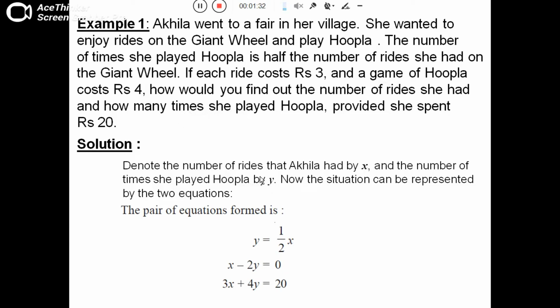She spent rupees 20, so 3x plus 4y is equal to 20. Here x minus 2y equals 0 is the first equation based on the first condition, and 3x plus 4y equals 20 is the second equation based on the second condition.